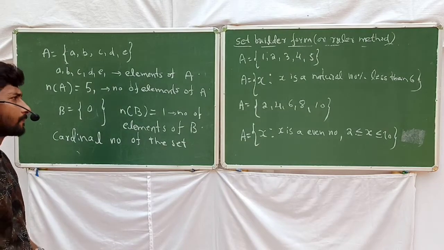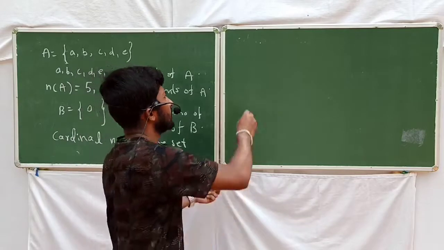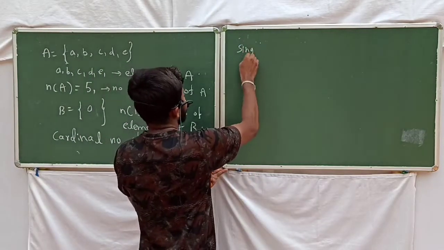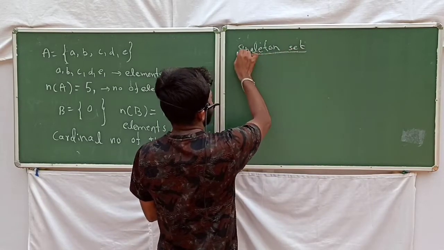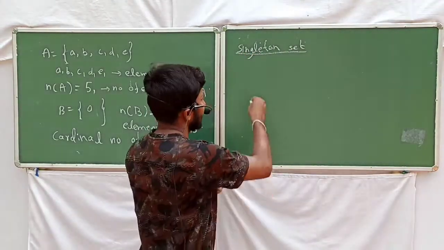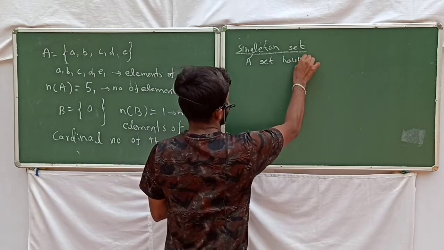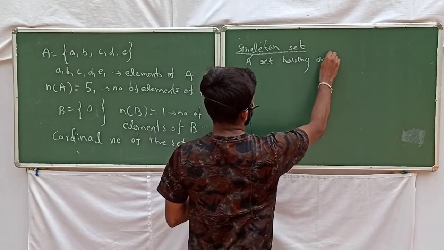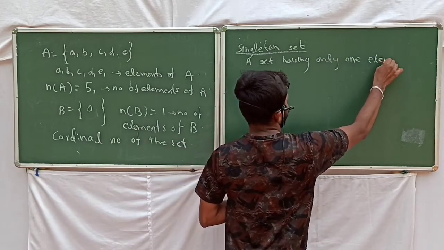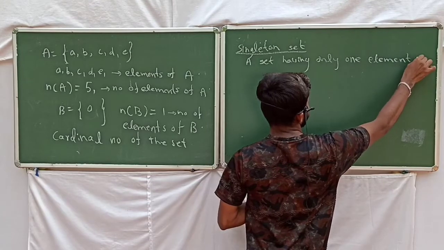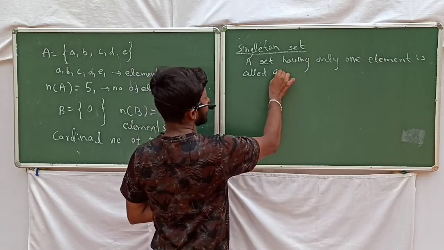Clear? Next concept is singleton set. The definition says a set having only one element is called a singleton set.